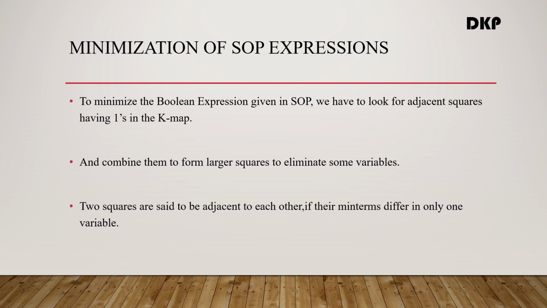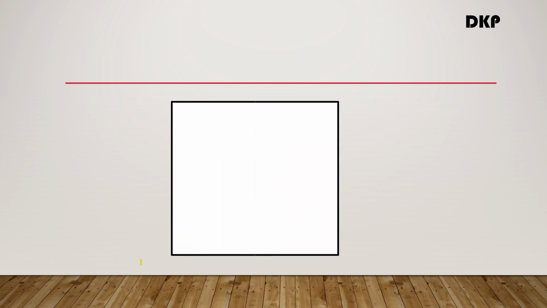Two squares are said to be adjacent to each other if their minterms differ in only one variable. Let us consider an example here for a two-variable K-map. The two-variable K-map consists of 4 cells or 4 squares. 1, 2, 3, 4. These are the 4 cells or 4 squares.